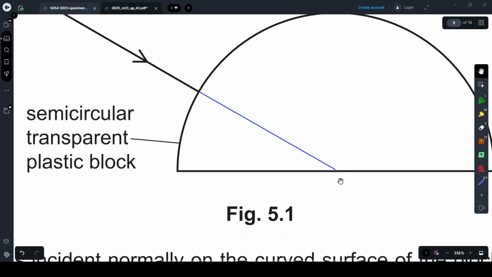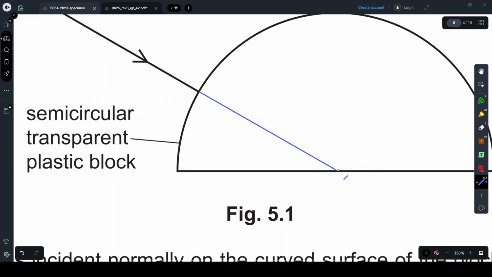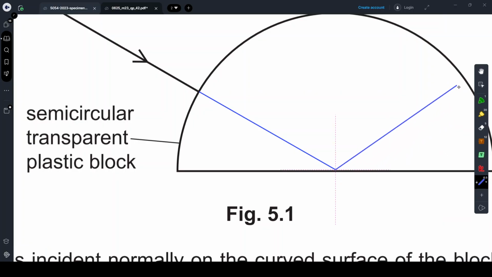Now, because it is at the critical angle, you're going to have total internal reflection. And so you need to draw it going back out at the same angle. And for this, you will need a protractor. Right, so I'm guessing from the dotted lines that I'm drawing it correctly.